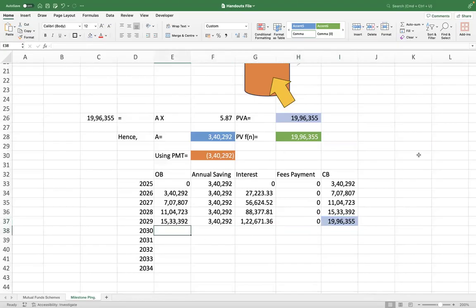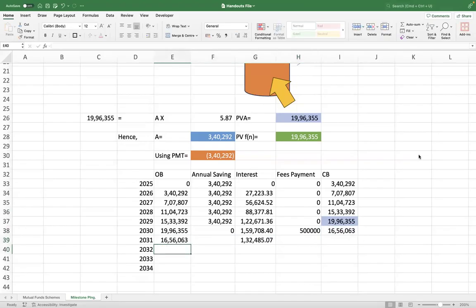This value becomes the opening for the next year. Again, अब हमारा डिपॉजिट का पीरियड खत्म, अब पेमेंट का पीरियड शुरू हुआ. कितना पेमेंट करना है मेरे को हर साल? 5 लाख पेमेंट करना है. Now this becomes your opening for the next year.